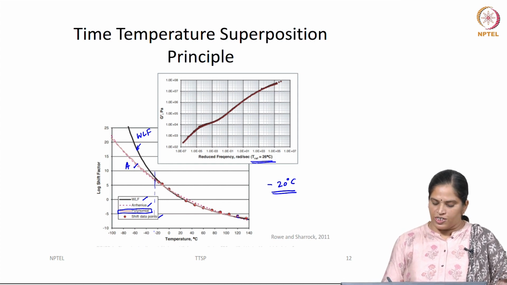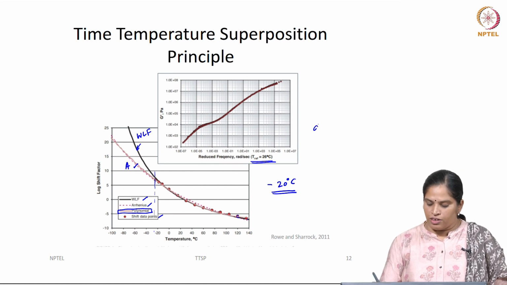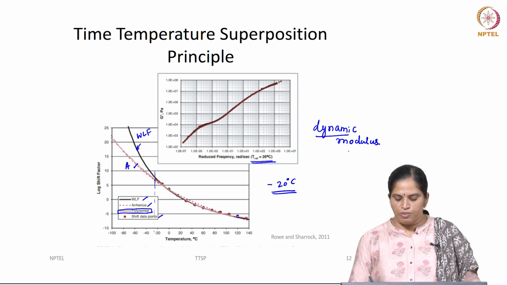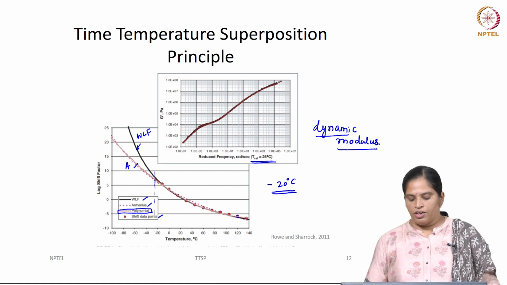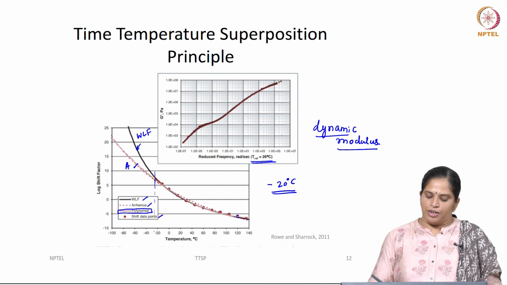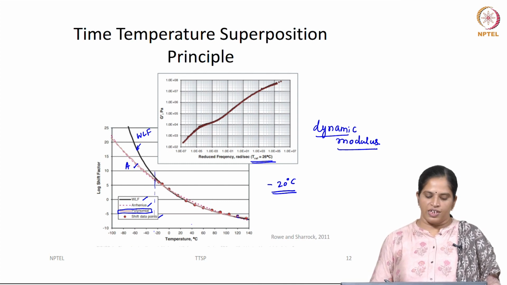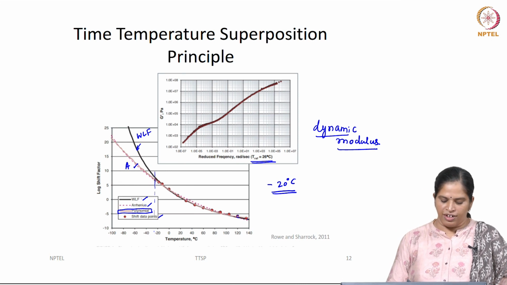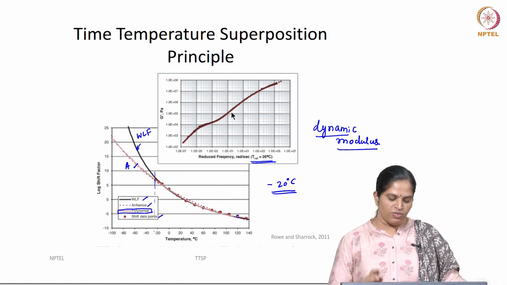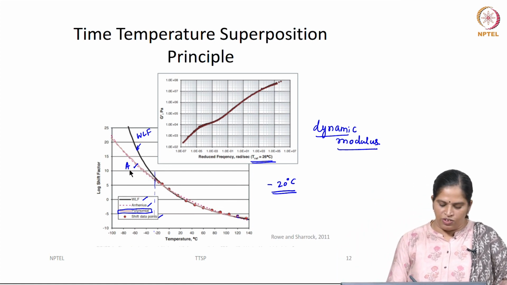This master curve was constructed for the dynamic modulus value. The dynamic modulus was measured at different frequencies and different temperatures, the master curve was constructed, and the shift factor was estimated and fitted to the WLF and Arrhenius equations. Let us not worry how the master curve was constructed as of now, we will just look into the deviation between the Arrhenius and WLF equations.